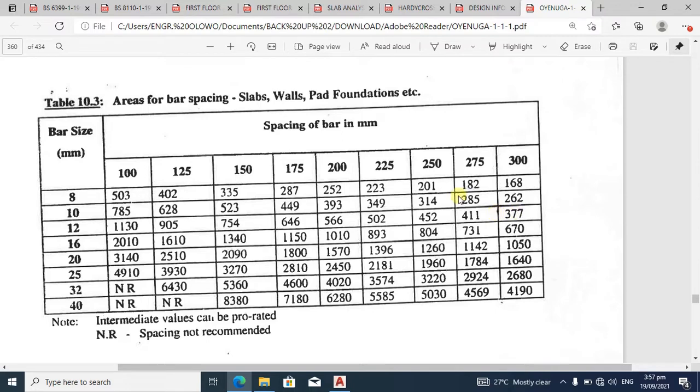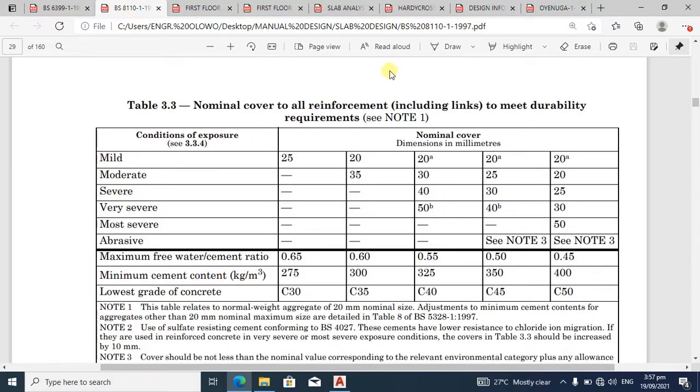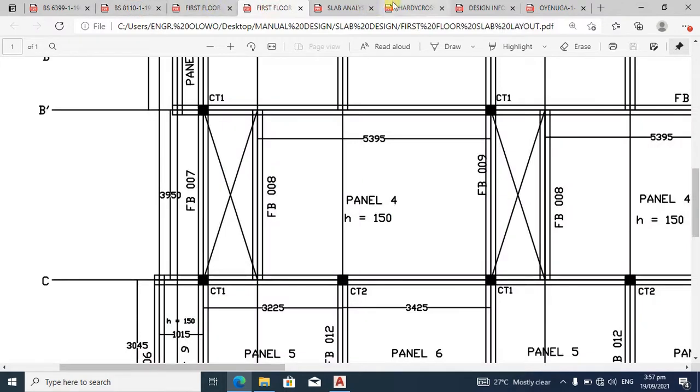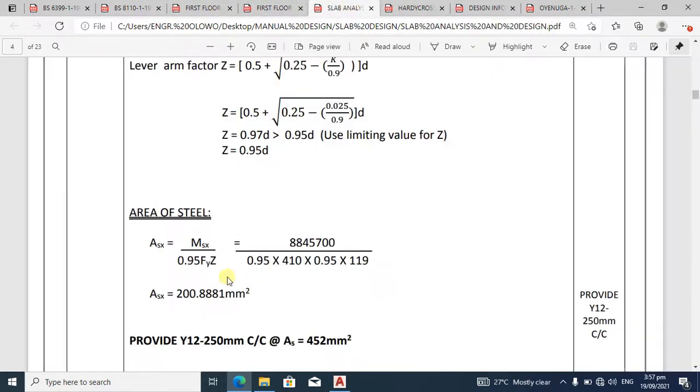Now remember, the value we choose from this table should be at least a difference of 100 from our calculated value. Are we together?